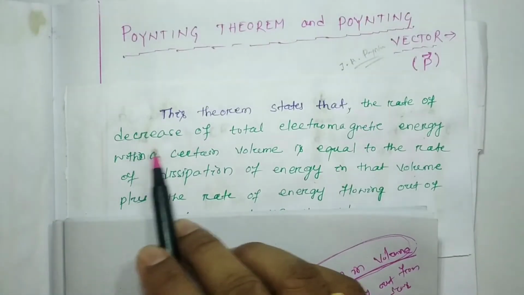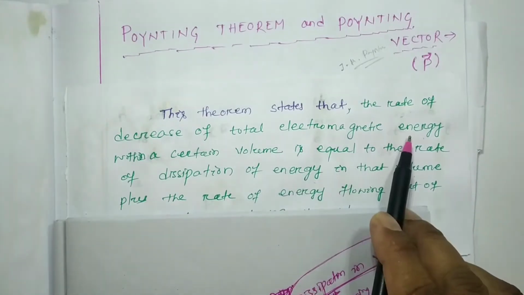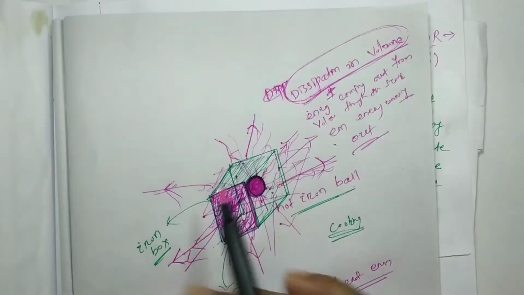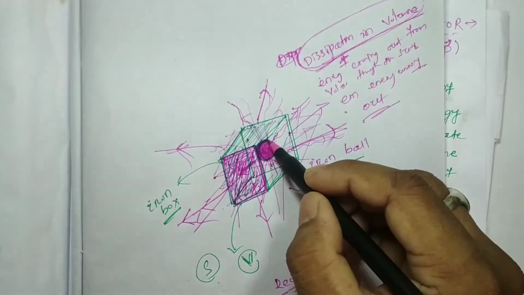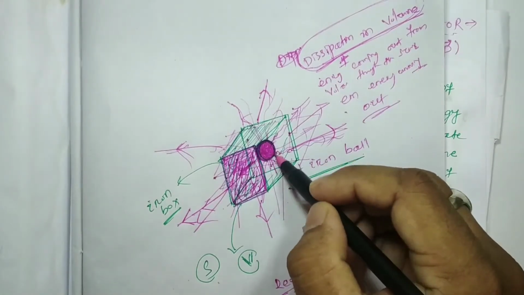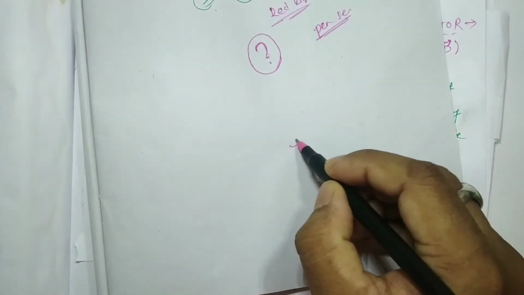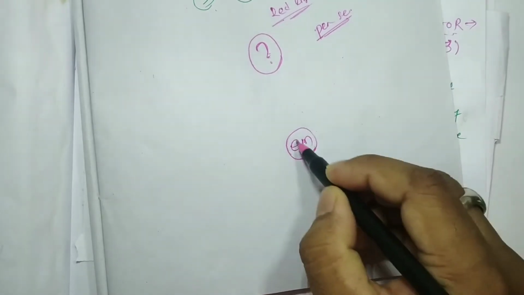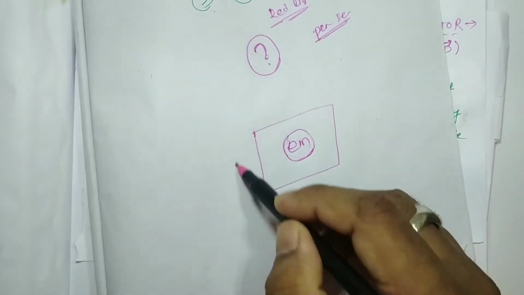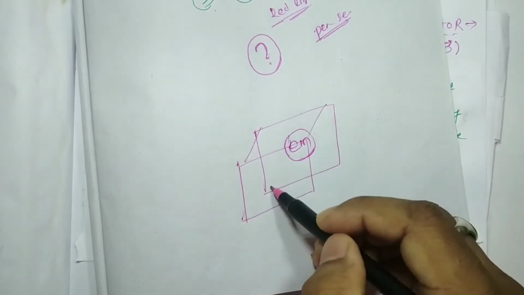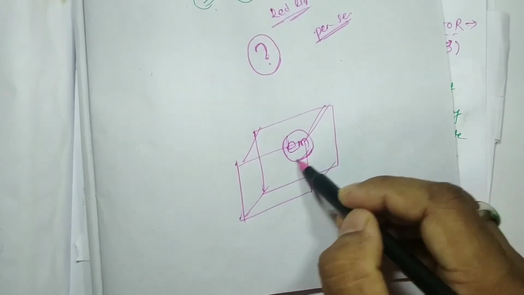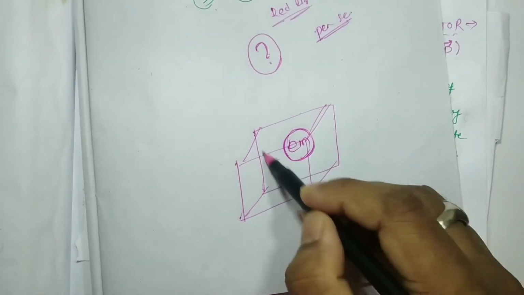So hence the total energy decreased is electromagnetic energy here: the rate of decrease of total electromagnetic energy within a certain volume. Instead of the hot iron ball, if we consider electromagnetic energy enclosed by a volume, then the total energy per unit time is decreased inside the volume.